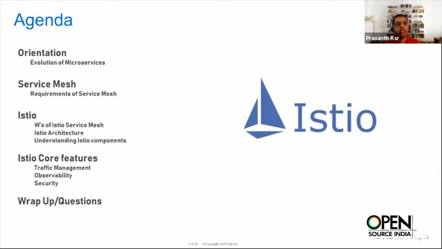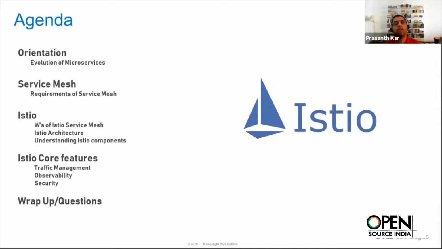Okay, so this is pretty much the agenda for the next 30 to 40 minutes. We'll be going through an orientation, trying to understand how microservices have evolved, and also look at what exactly a service mesh is, what the requirements associated with that are, and then look at Istio, which is a service mesh. We try to understand the W's of Istio service mesh: what is Istio, why Istio, where to use Istio, and how to do it.